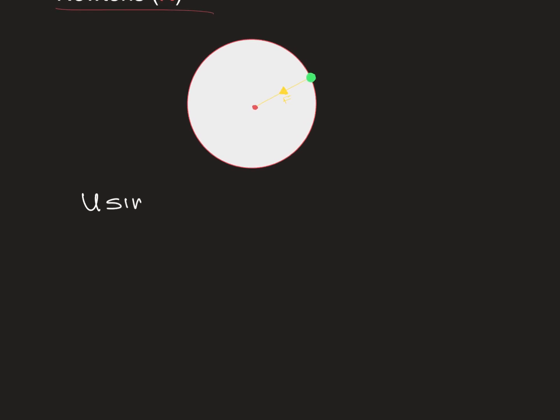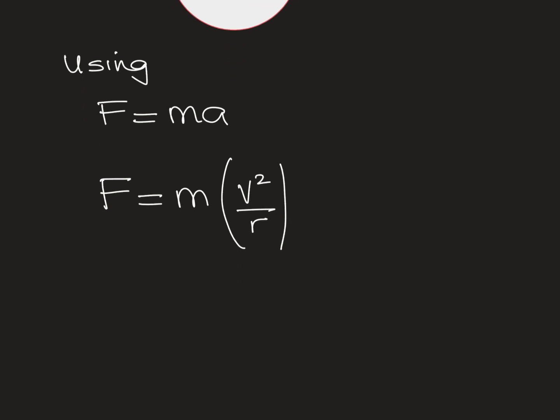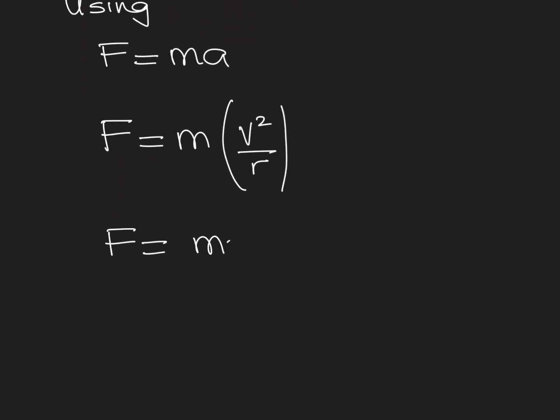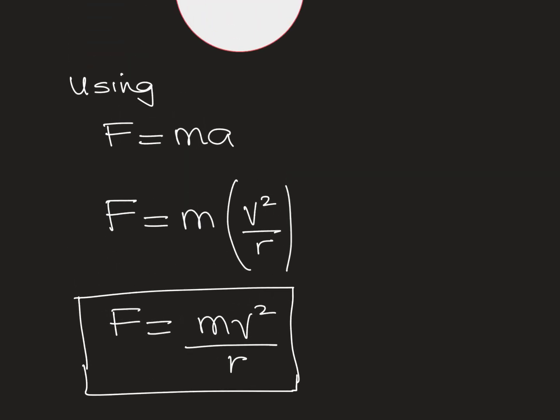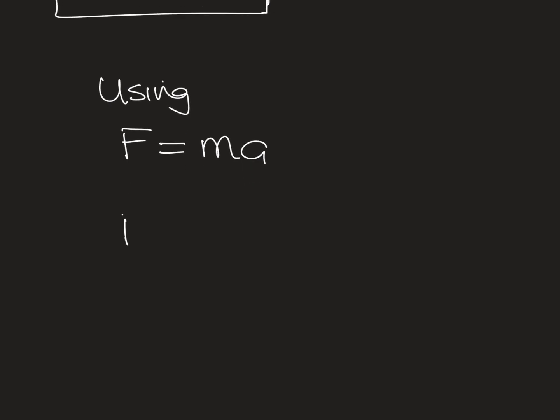Using F is equal to ma, the force will be equal to mass times acceleration. One of the formulas that we have for acceleration was v squared divided by r. So therefore F will be equal to mv squared all over r. Again, using F is equal to ma, we have F is equal to m times the other formula for acceleration, omega squared r.